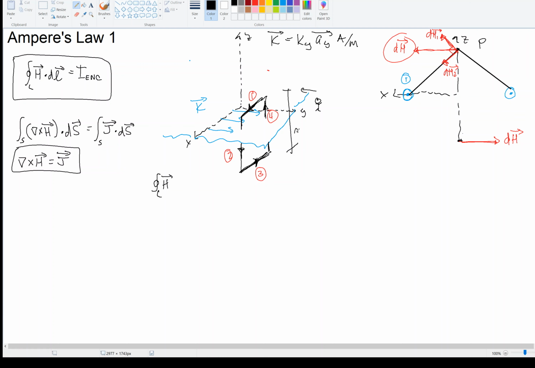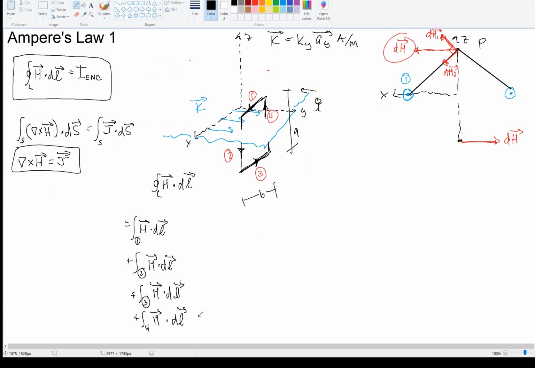Let's say this is A and this is B. So now the integral of H dot dl is equal to the integral over segment 1 plus segment 2 plus segment 3 plus segment 4.